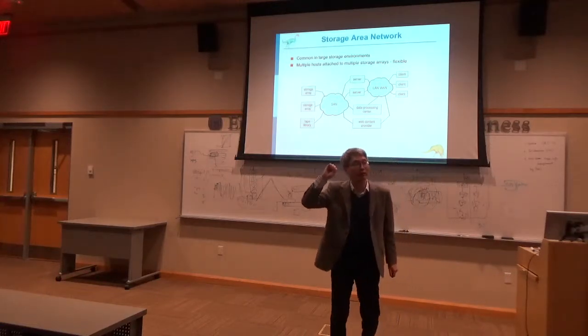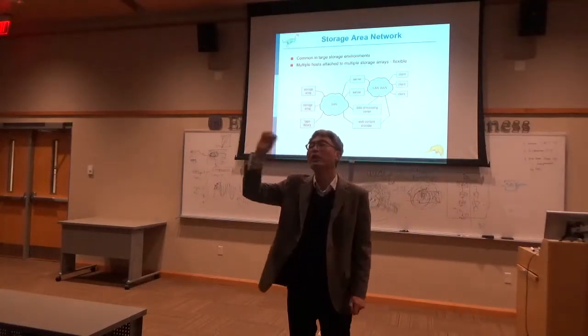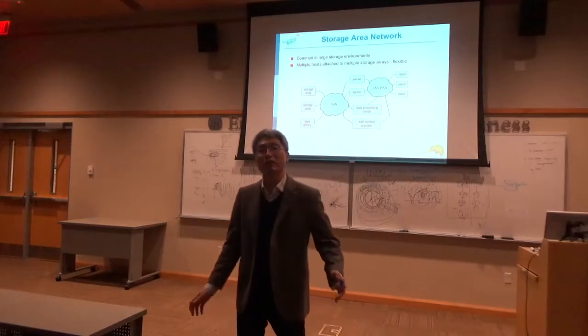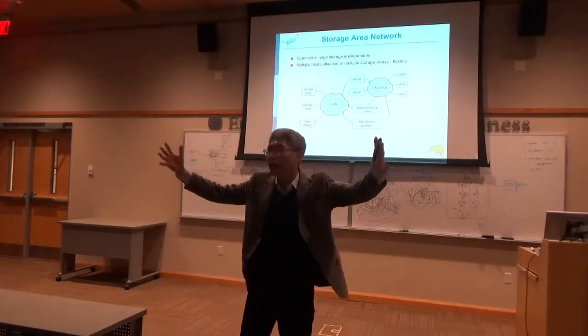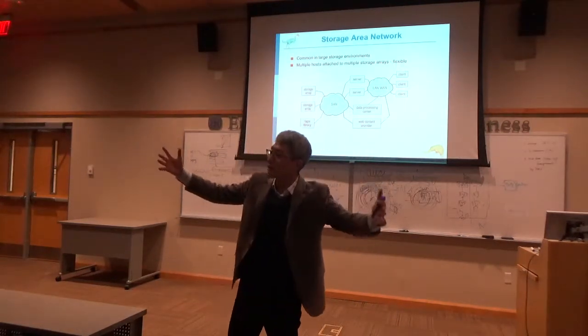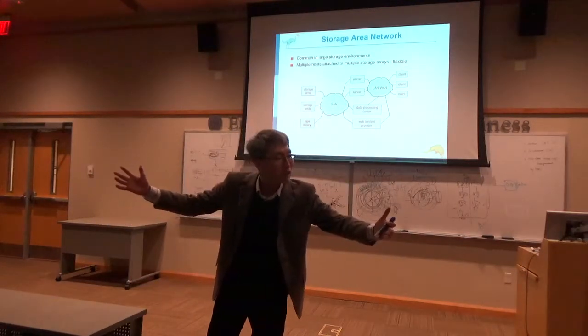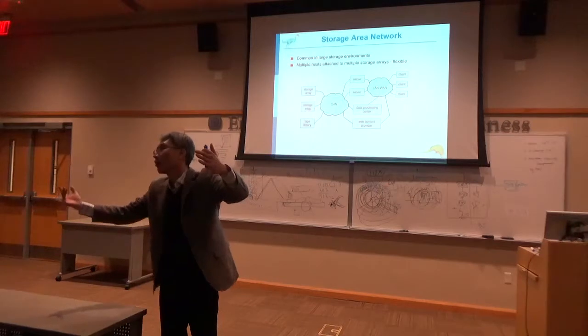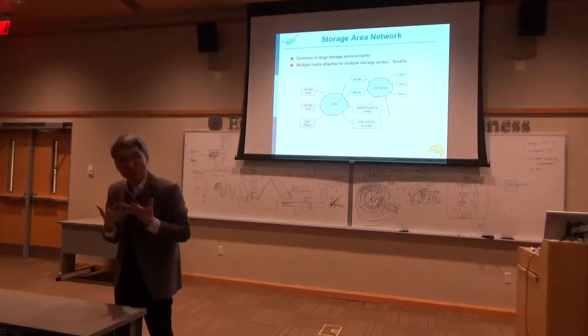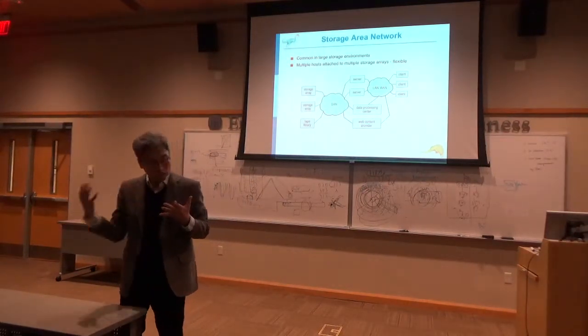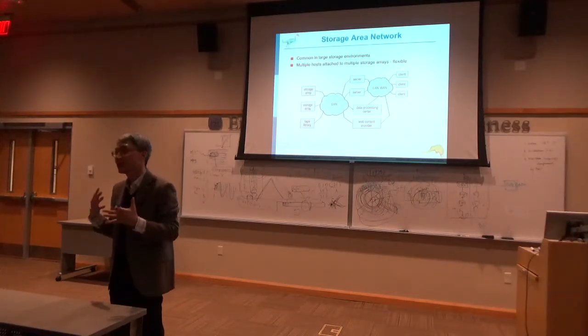For reliability, mirroring is required. Mirroring means we have two sets of exactly the same data. One is being used, and the other is on standby. In case one of them fails, we can hand the job over to the standby, so we can support the service without stopping. That is mirroring.